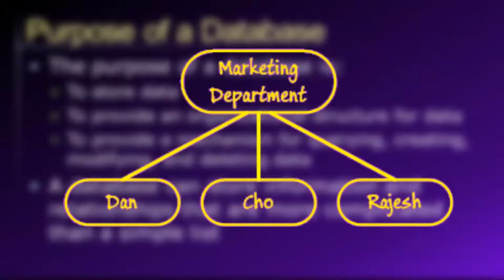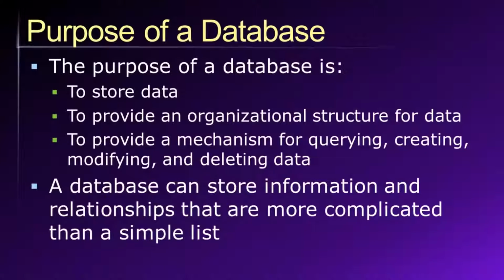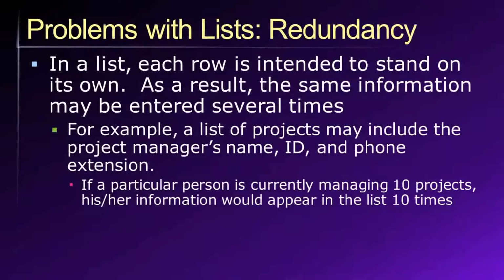Or another example is a department can have many different employees, but a given employee might work in one and only one department. So these are hierarchical relationships among the data, and a relational database allows us to model and represent these relationships.